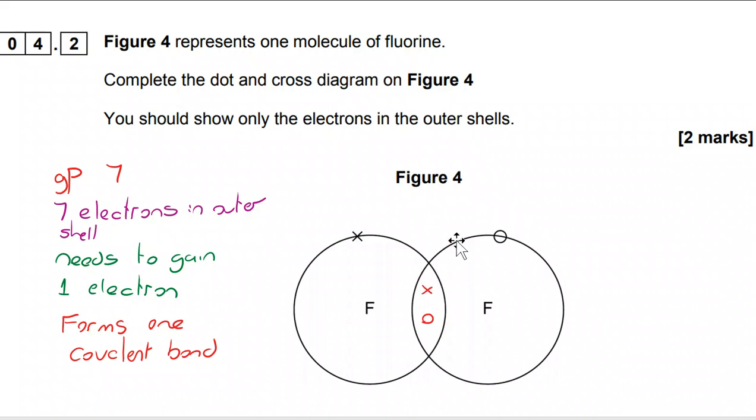I've got 1 in here. 1 has already been drawn. That means there are 5 left. And it's exactly the same on the fluorine on the other side. And just to double check it now, this fluorine has got 2, 4, 6, 8 electrons, full outer shell. This fluorine, 2, 4, 6, 8 electrons, a full outer shell.